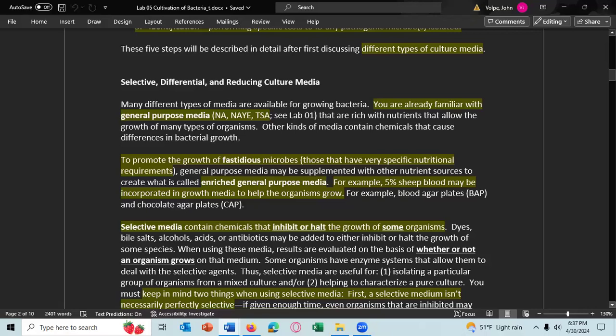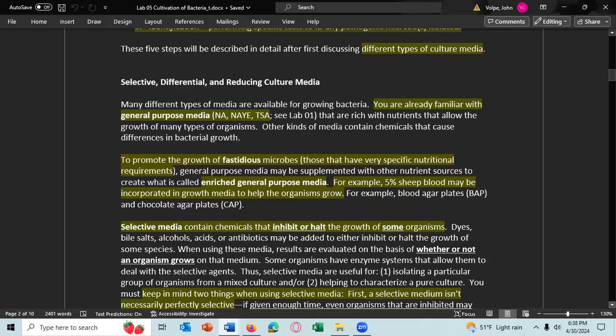To promote the growth of fastidious microbes, those that have very specific nutritional requirements, you cannot use a general purpose media. You must use an enriched general purpose media. For example, when you add 5% sheep's blood to the growth media, we then call it blood agar, and that would be an enriched general purpose media, allowing many, but not all, fastidious organisms to grow.